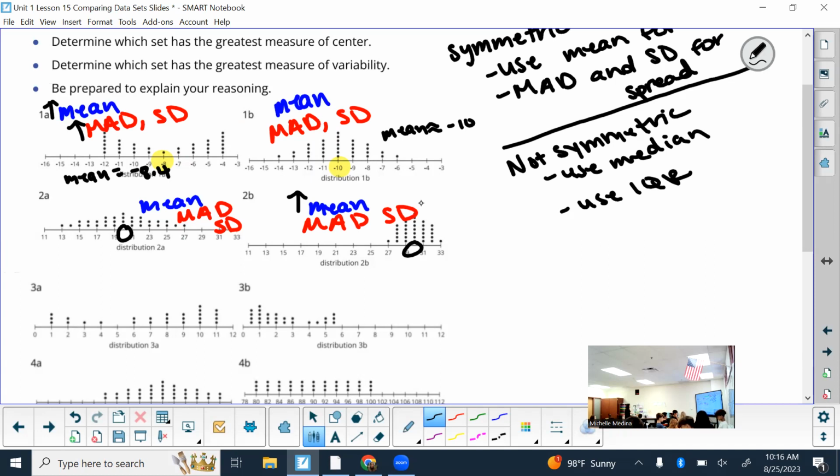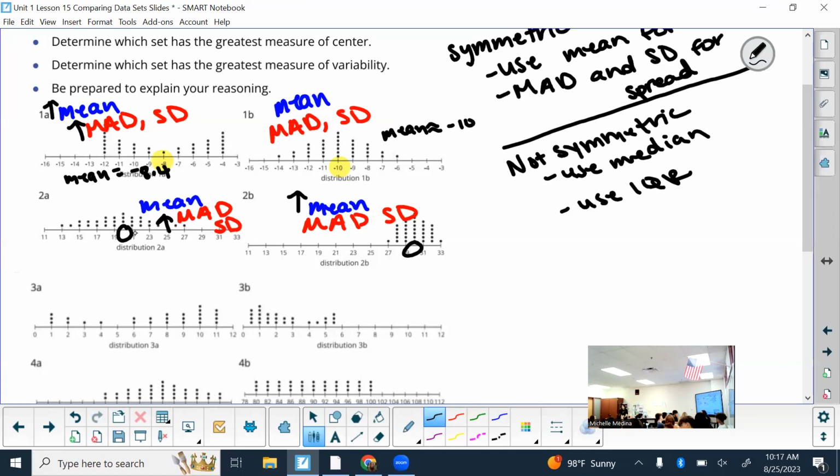So which one's more spread out, A or B? A. This one goes from 13 to 27. This one goes from 27 to 33. This one's closer together. This one's farther apart. So yeah, questions? We're learning, but now let's get better at it. It's pretty much the same.